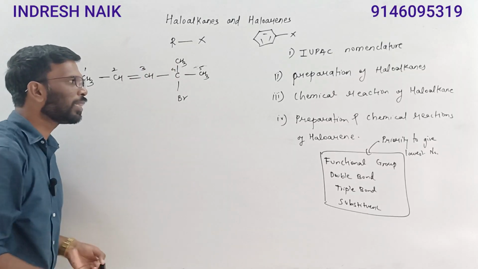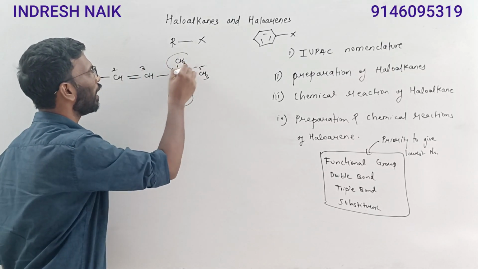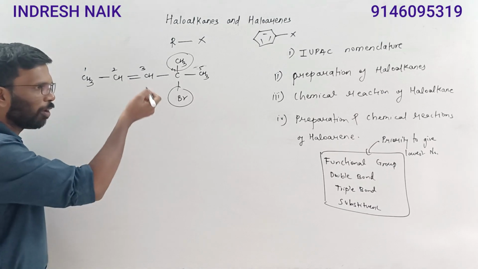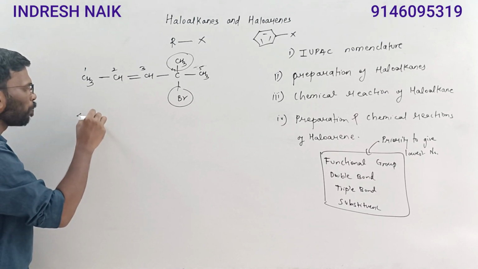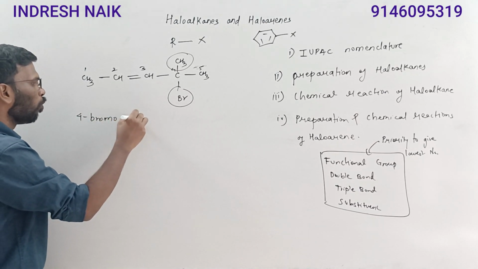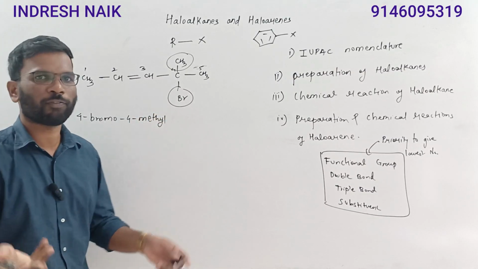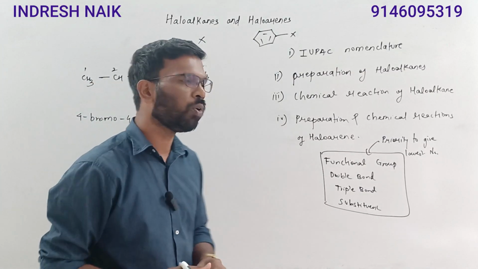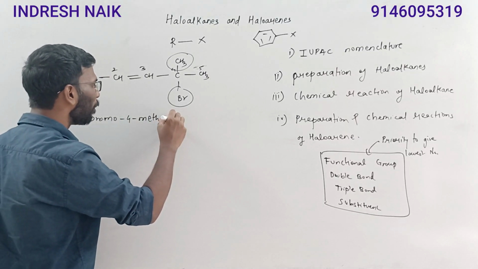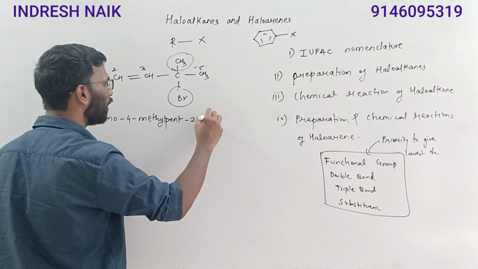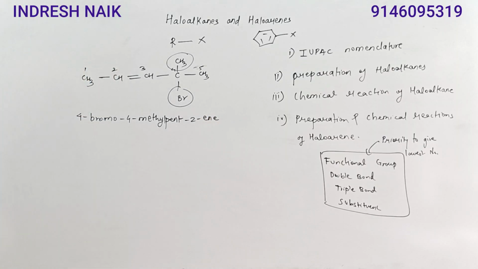There is a methyl and a bromo, both on the fourth position. B comes first in alphabetical order, so you write 4-bromo, 4-methyl. Prefix is done. Then the word root: there are 5 carbons on the parent chain, so pent. The double bond is on the second position, so 2-ene. That's it.